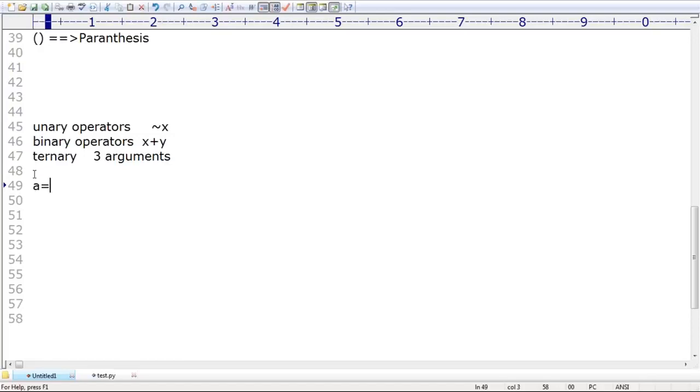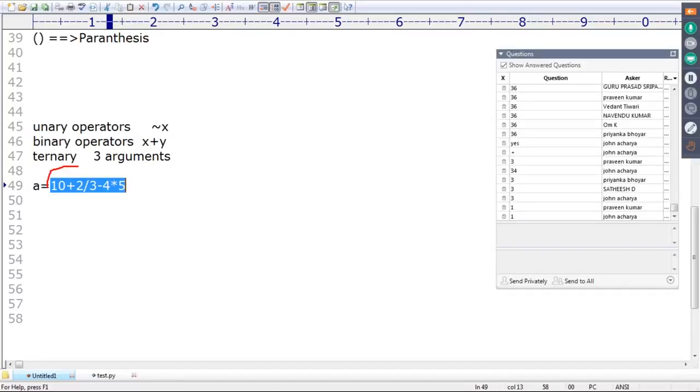Next, take a is equal to 10 plus 2 by 3 minus 4 into 5. First, all these things are going to be evaluated based on precedence. At last, the value will be assigned to a.